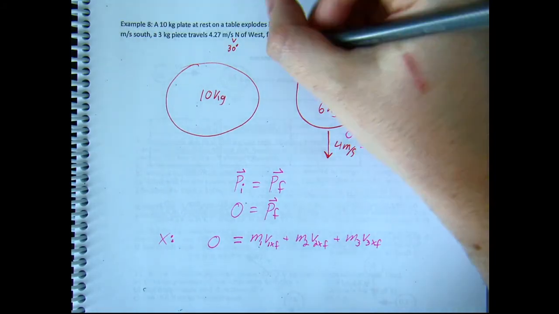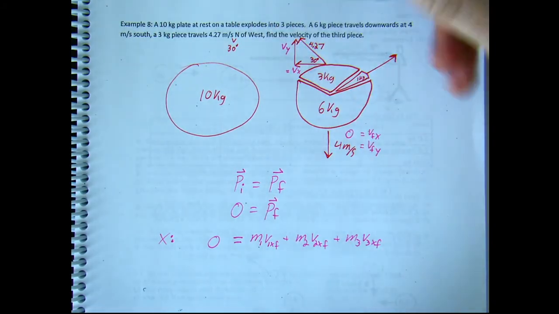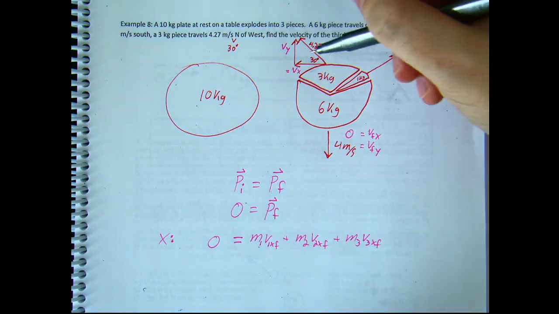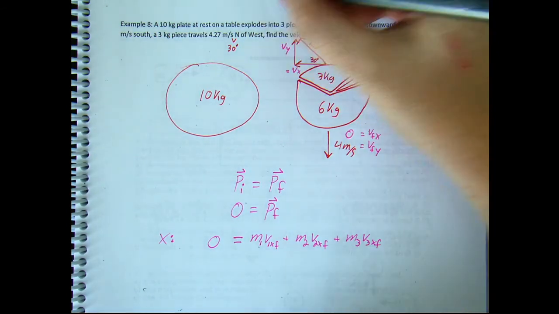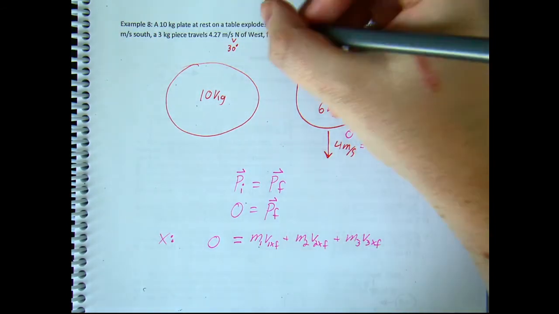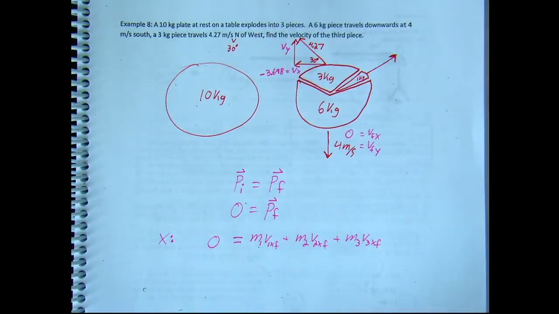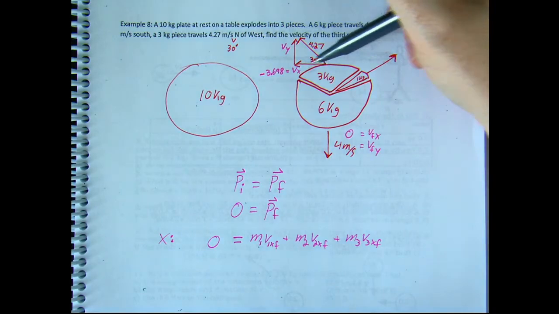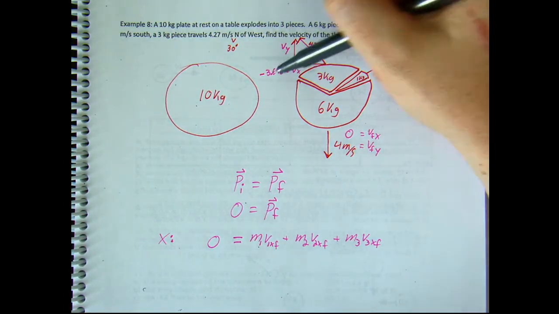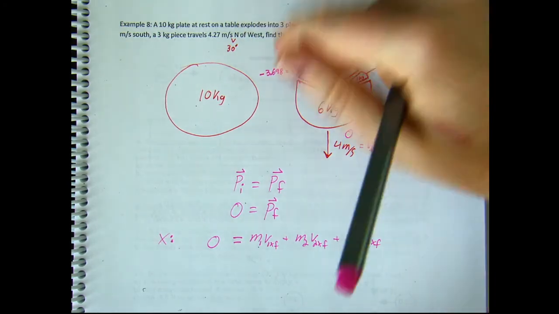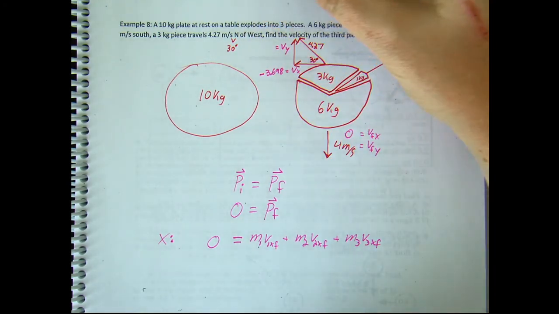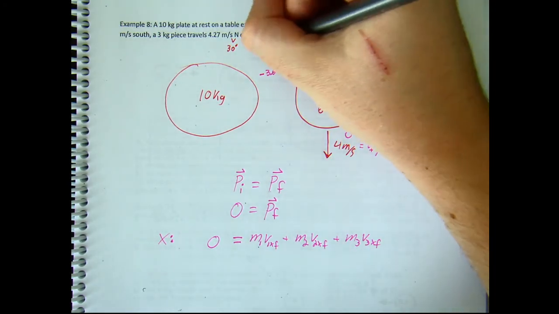My vx is moving to the left, so that's going to be negative: negative 3.698. Again, that's just 4.27 times the cos of 30, and it's negative because it's left. Vy is up, and I got a value for Vy of 2.135.